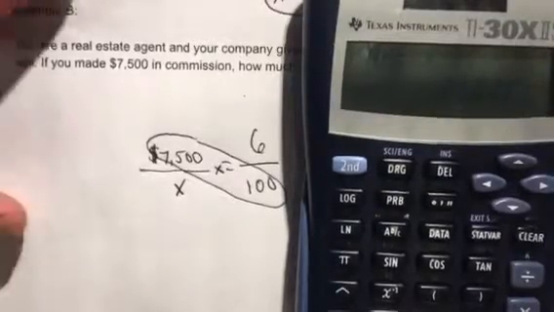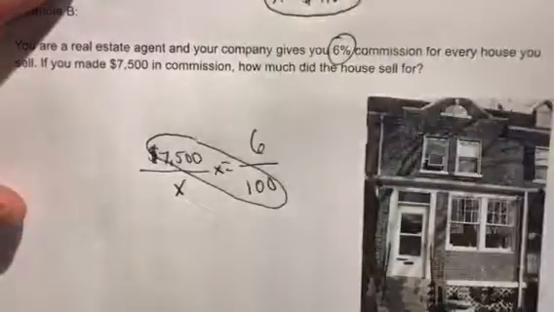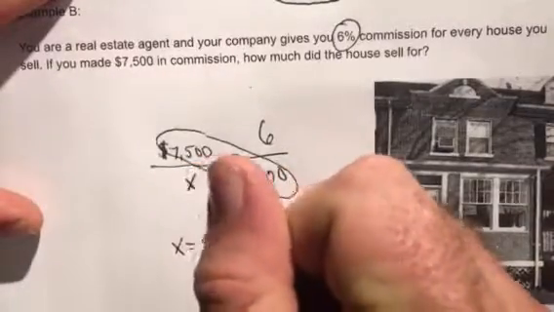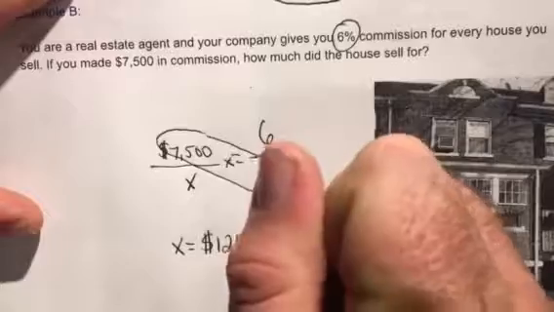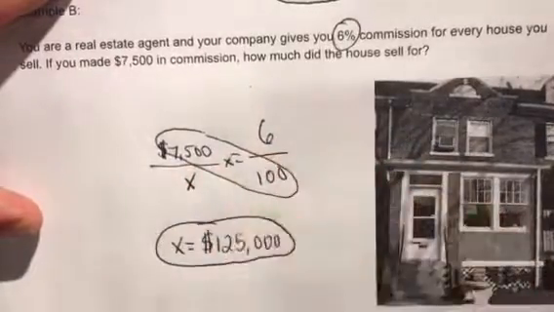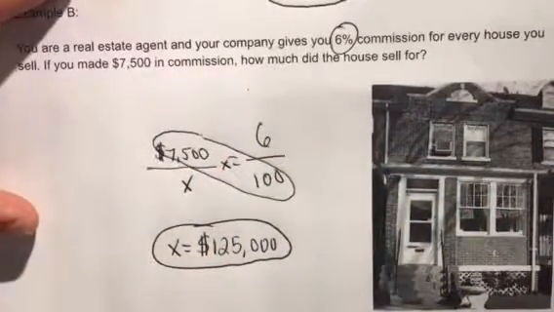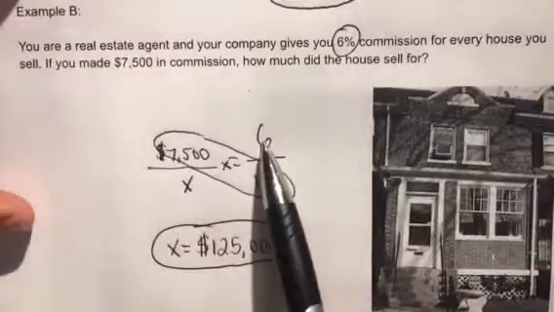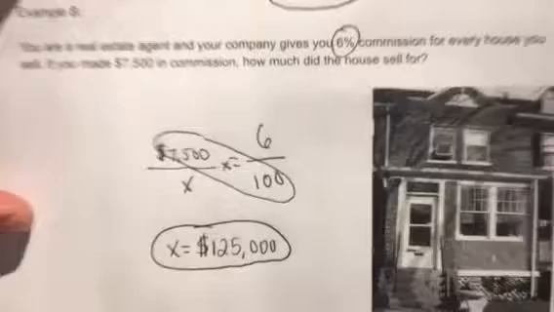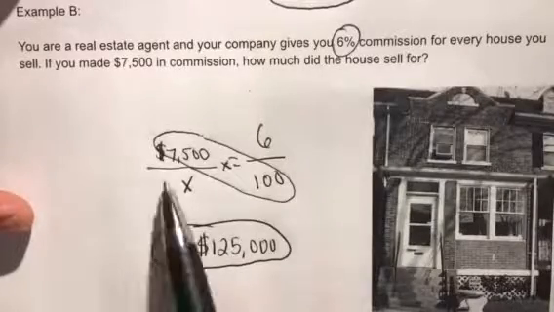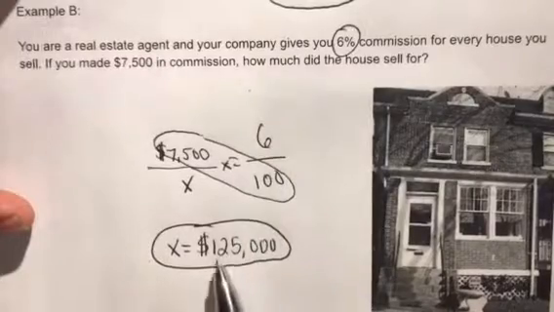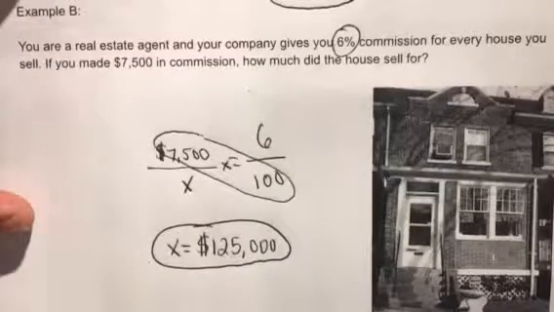And I get $125,000. So x equals $125,000. So that is how much the house sold for. If I made $7,500 commission at 6%, that means I had to sell the house for $125,000.